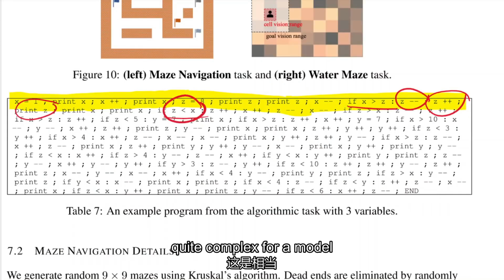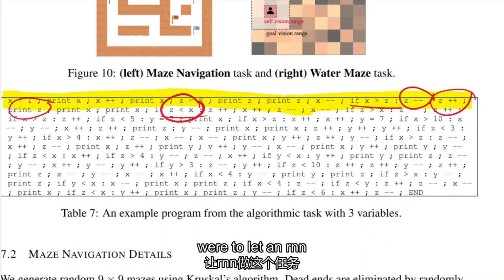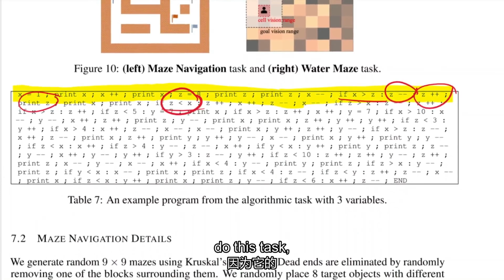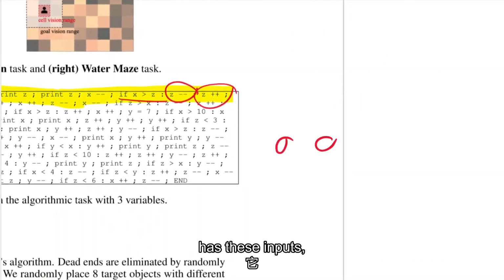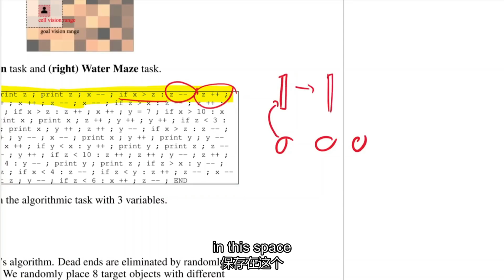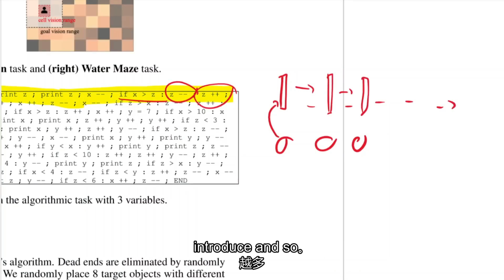So this is quite complex for a model to solve. And if you were to let an RNN do this task, because the plain RNN has these inputs and it has one vector, that's the hidden state, everything needs to be saved in the space of this one vector, and the longer it goes, of course, the more noise you introduce and so on.